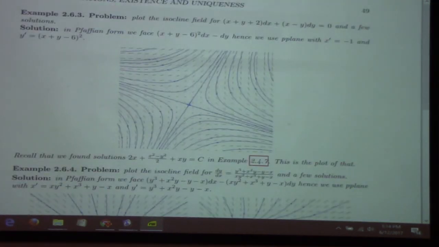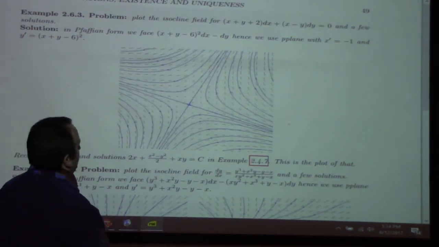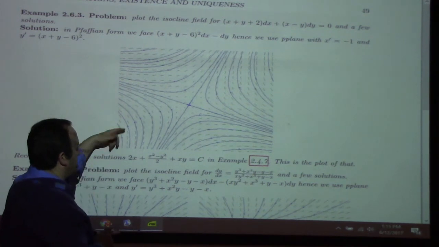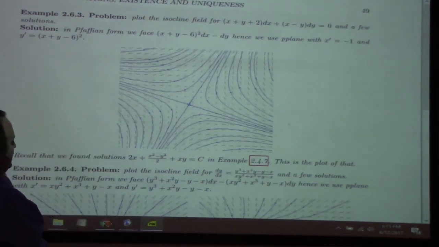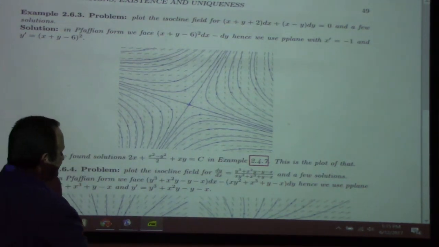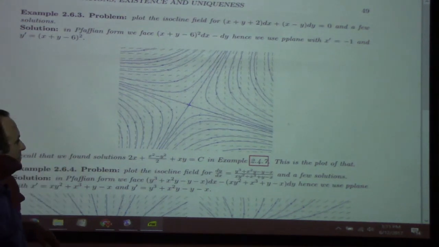Let's see here. Here's another one. If you look at the direction field, I guess I should really say isocline. I don't know the terminology. I think these are isoclines because there's no arrows, right? So direction fields would have little tangent vectors. I'll get into the difference tomorrow.